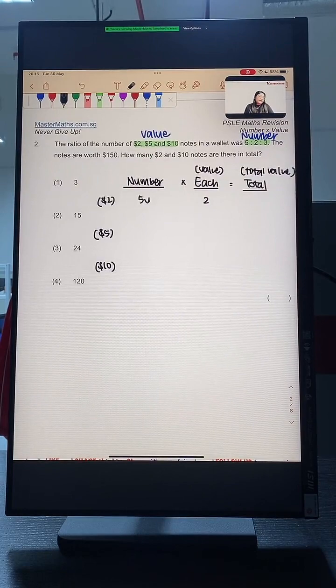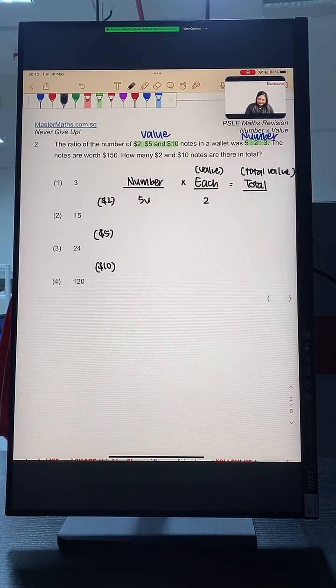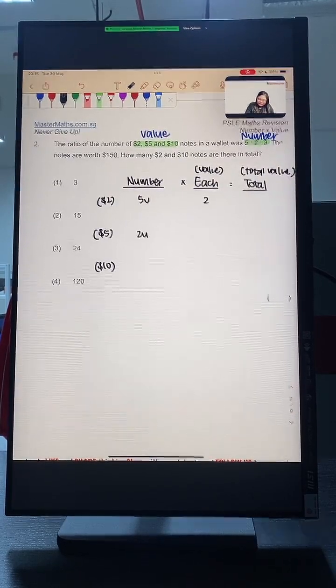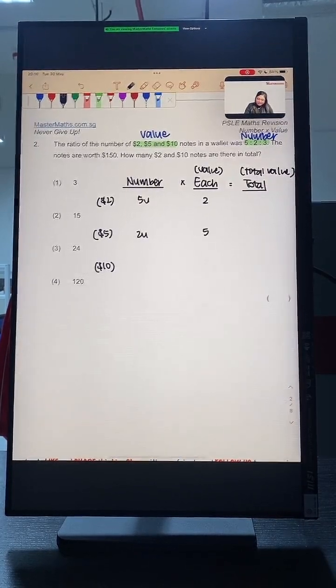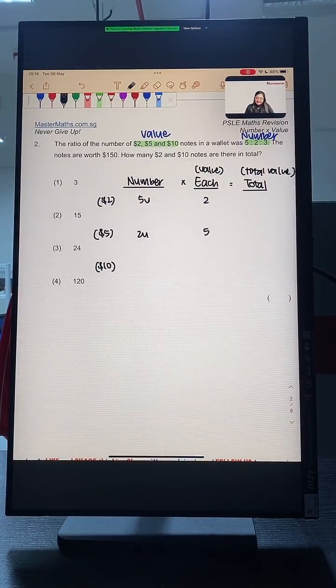I don't know how many exactly, but since it's 5:2:3, I will write 5 units. Hello everybody who joined. Now the $5 notes, we have 2 units of them. Each of them is $5. And the $10 notes, I have 3 units of them. Each of them is $10.